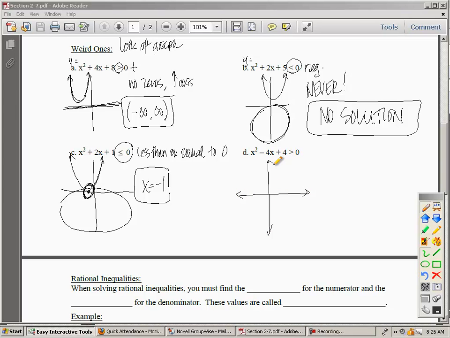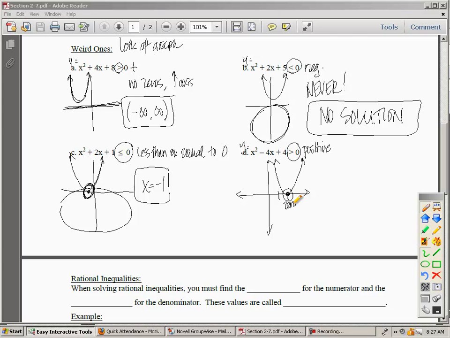Okay, final one. Let's take a look at this. As I look at this graph, again, I'd stick it in my y equals x squared minus 4x plus 4. We have a parabola that touches the x-axis at 2, so it looks something like this. And our question is, when is this positive? Okay, so we have an issue. We have this 0 here. We don't want it to be 0. We want it to be positive.